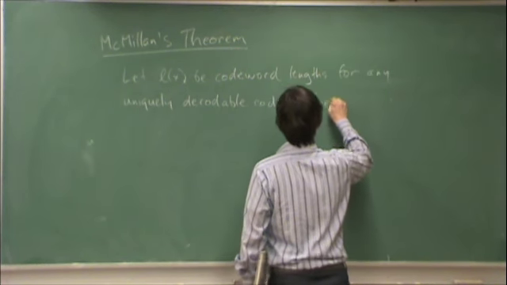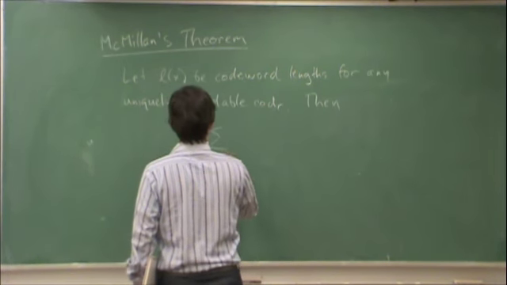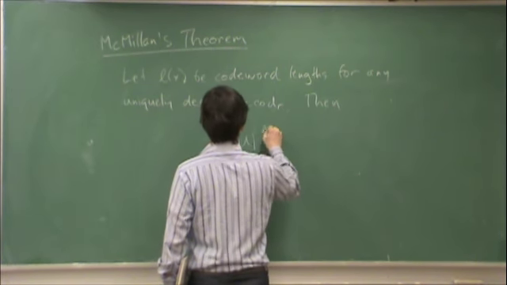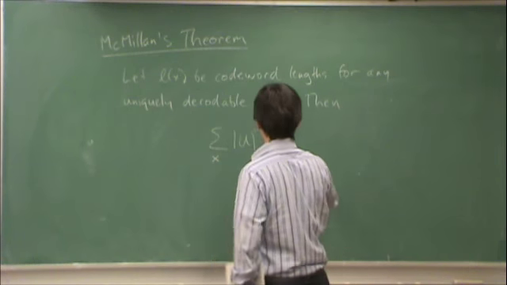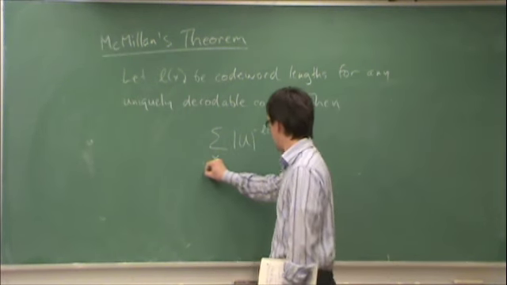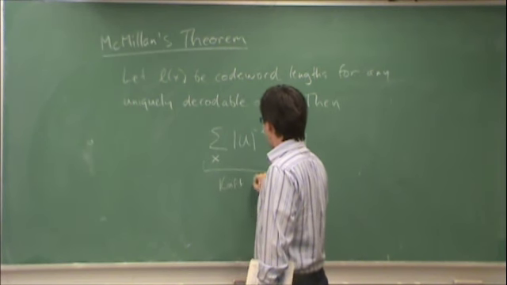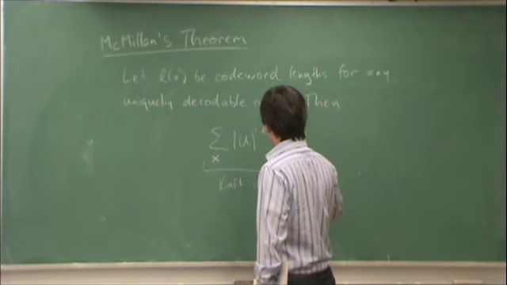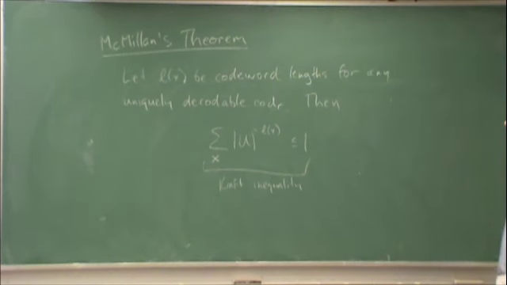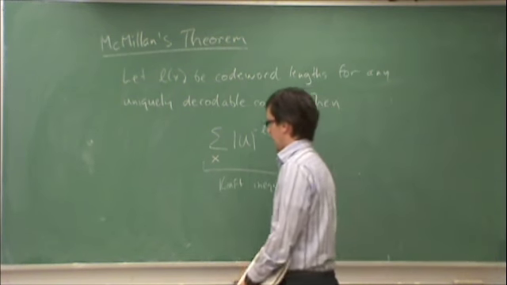Then the sum over x in the alphabet U of 2 to the minus L(x) is less than or equal to 1. And this is the Kraft inequality. This is what we said was the Kraft inequality.